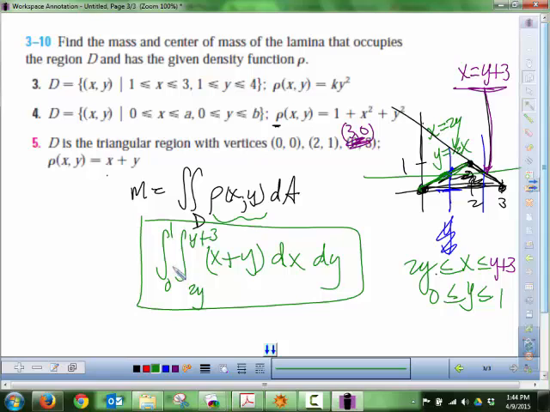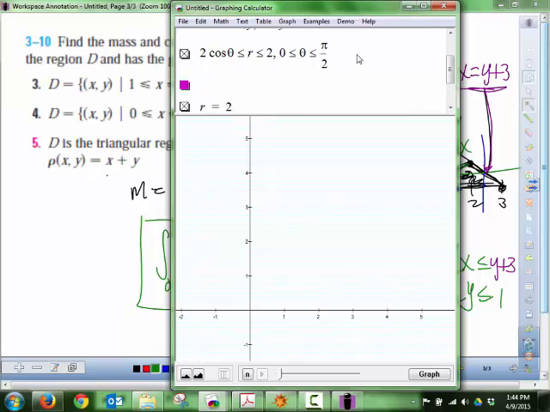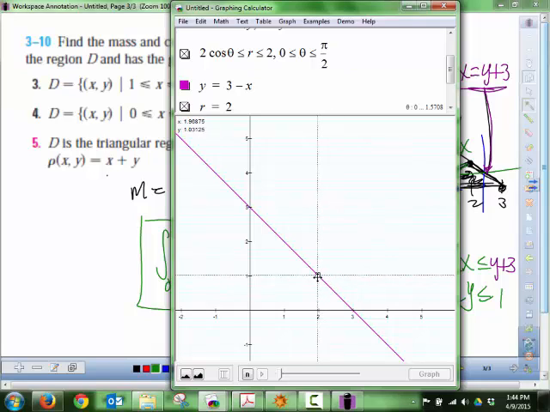If you plug in the 1 for the y, you're going to get 4. 3 minus x? Okay.